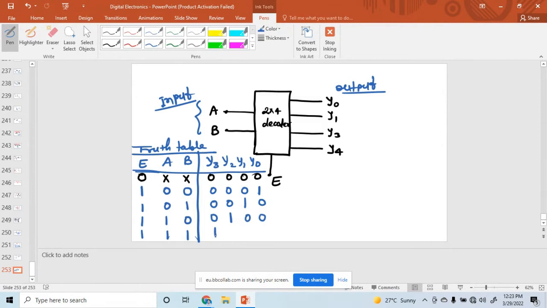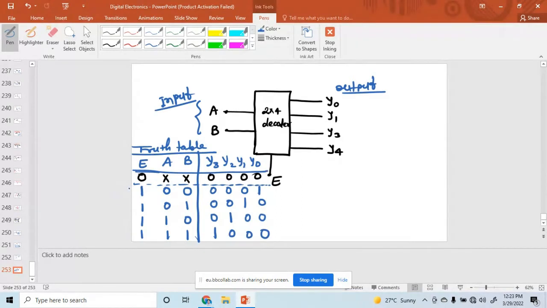And for A and B both 1, 1, Y3 is high. So this is the truth table of the 2 to 4 decoder.